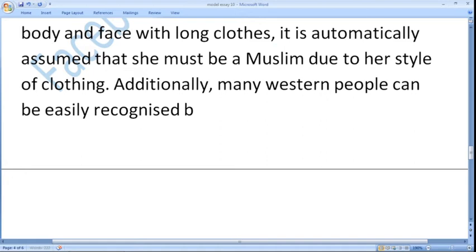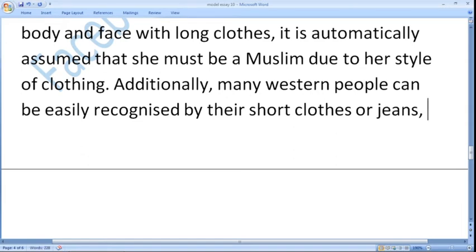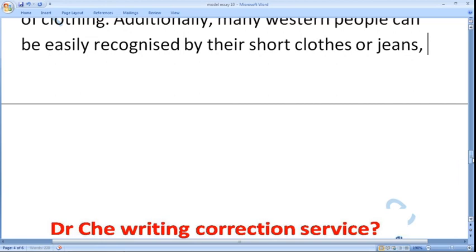They can be recognized by their short clothes or jeans. And what is the next? What about the last thing that I have told you about rurals and citizens? We can make a separate sentence.